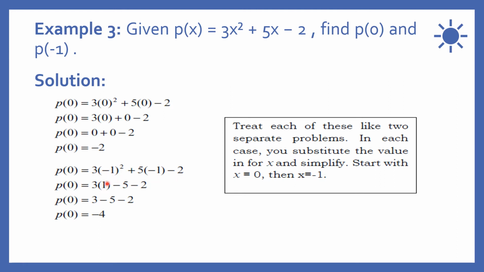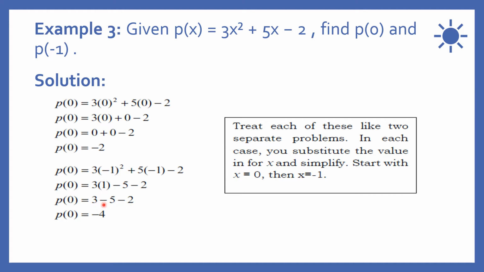Negative 1 times negative 1 is positive 1. Minus, ito ay positive 5 times negative 1 is negative 5. Minus 2. 3 times 1 is 3. Minus 5 minus 2. So, pwede niyo itong pagsamahin. Negative 5 plus negative 2. Ito ay negative 7.